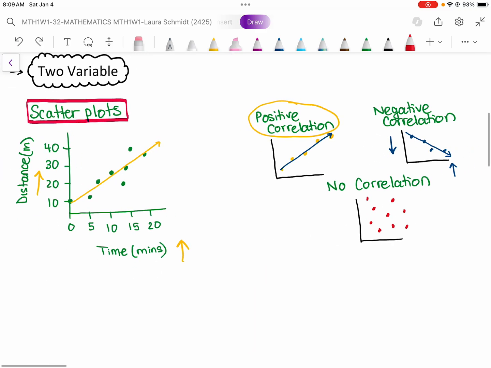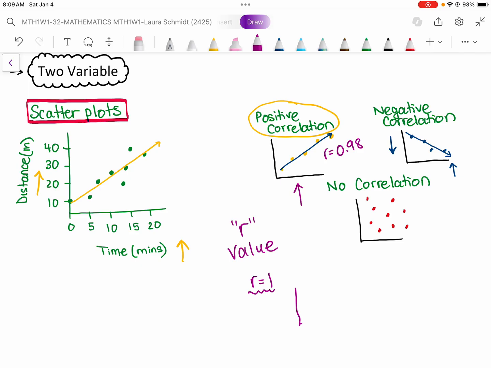I think we talked about things like having an R value, and that just tells you how correlated the two variables are. So if you had something that looked like this one, that's very close together, maybe that would have an R value of like 0.98. An R value of 1 means they have a perfect relationship. Like, you could make an equation that would fit every point on the graph.